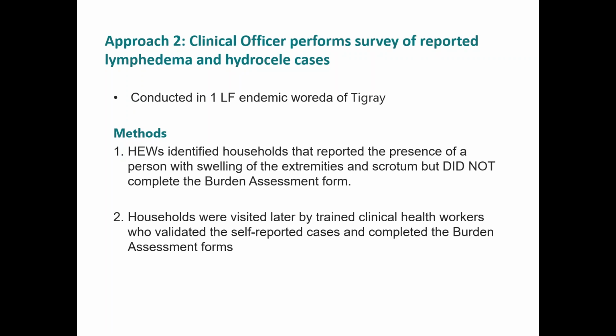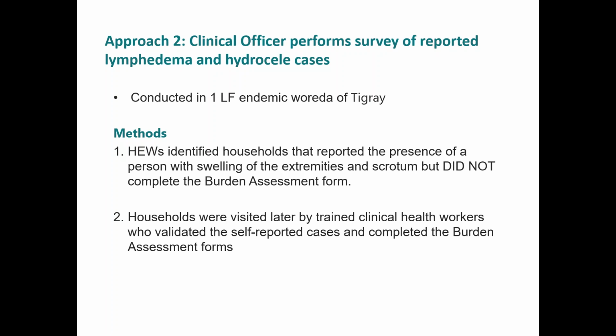So this is the second approach. In this approach, clinical officers perform a survey of reported lymphedema and hydrocele cases. This was a standalone activity, and it was conducted in one of the LF endemic districts of Tigray.